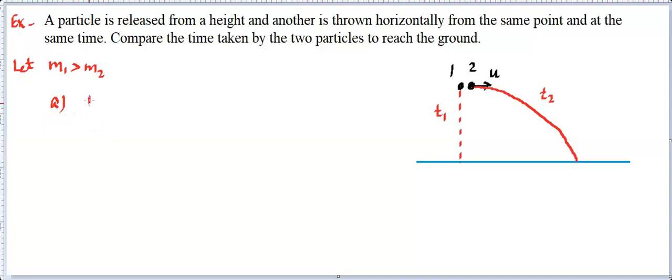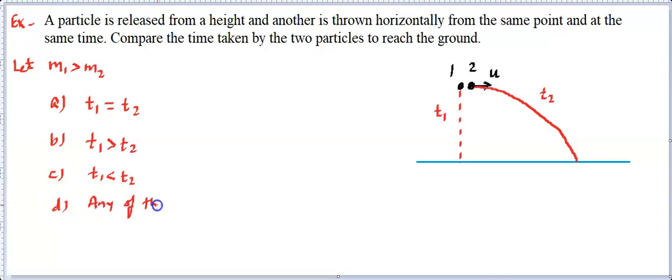Option A, T1 is equal to T2. Option B, T1 is greater than T2. Option C, T1 is less than T2. And D says any of them is possible.